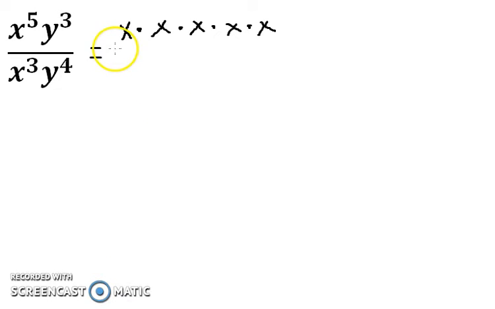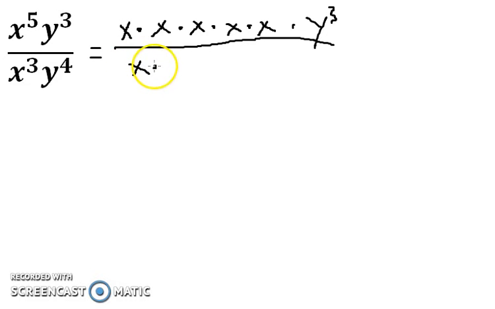So likewise, and we're going to work on the y's in a minute, this is times y to the third still. And then likewise, x to the third equals x times x times x, and then times y to the fourth.